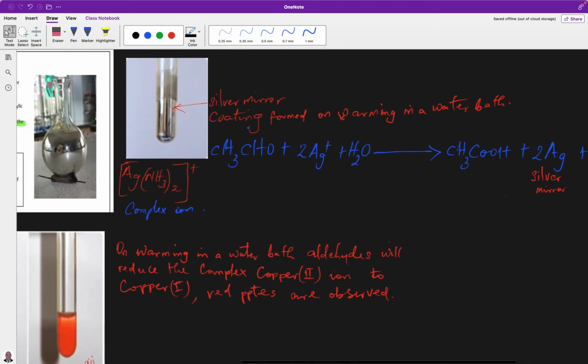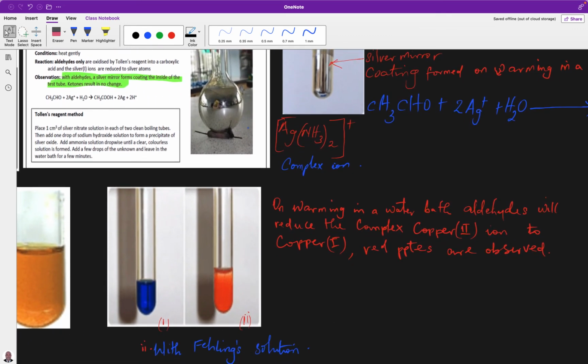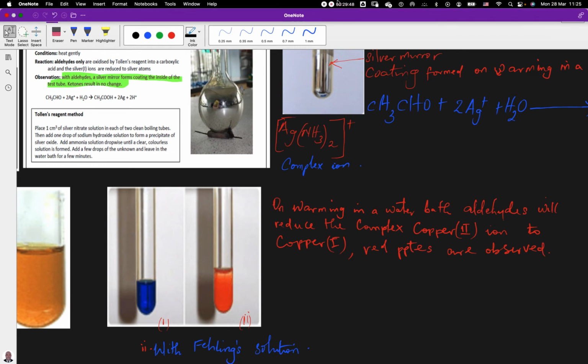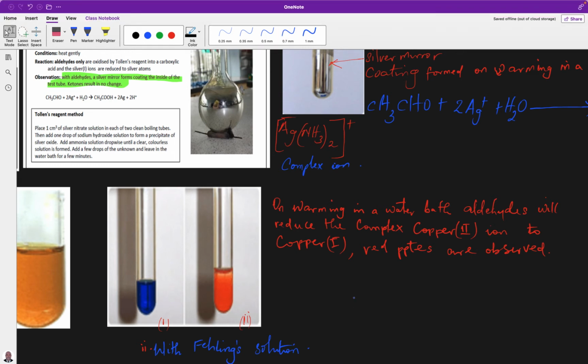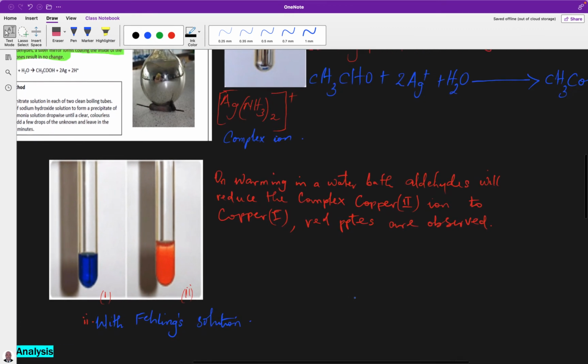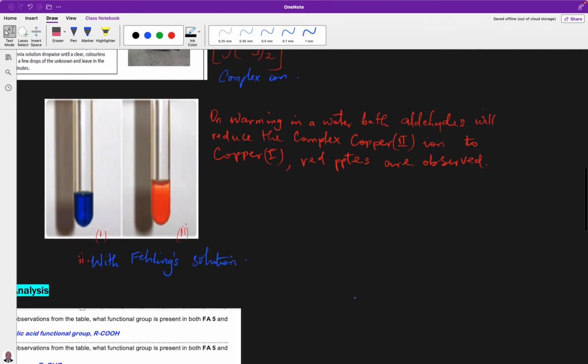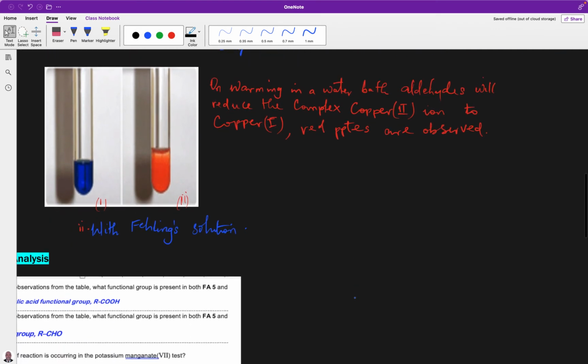2. If the examiner does not use a Tollens reagent, the examiner could use what we call Fehling's solution. Our Fehling's solution is a copper(II) ion complex.